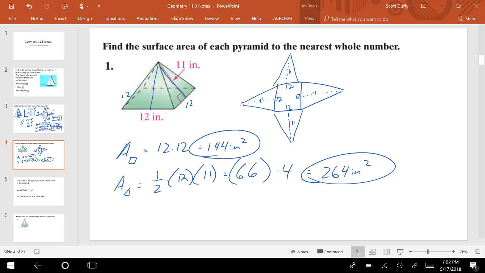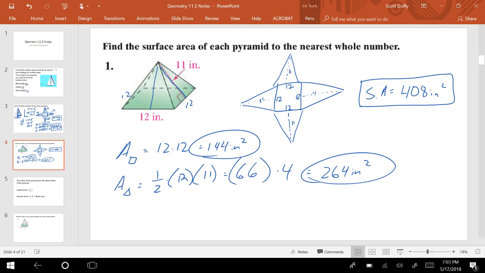Now that I have all of those triangles, the lateral sides and the base, I can add those two numbers together to get the total surface area of 408 square inches. But there might be an easier way.